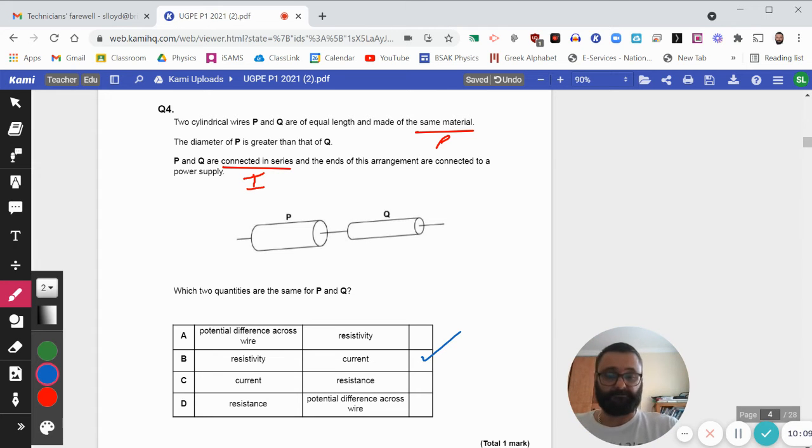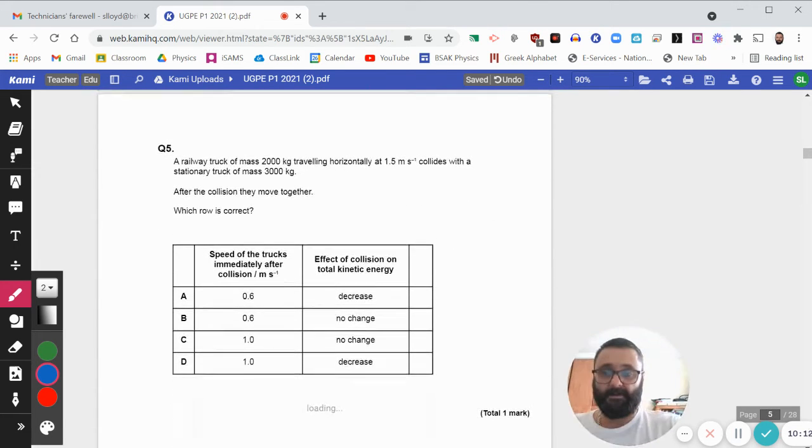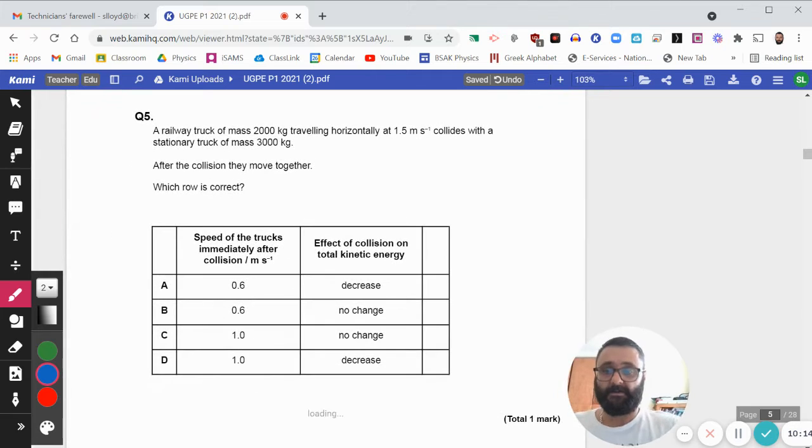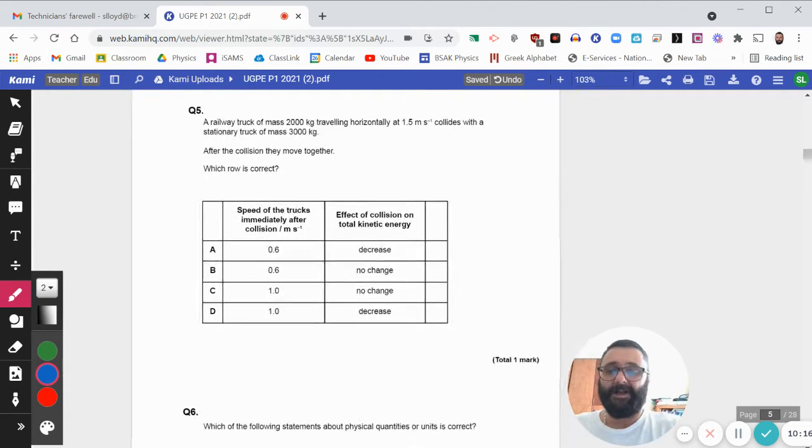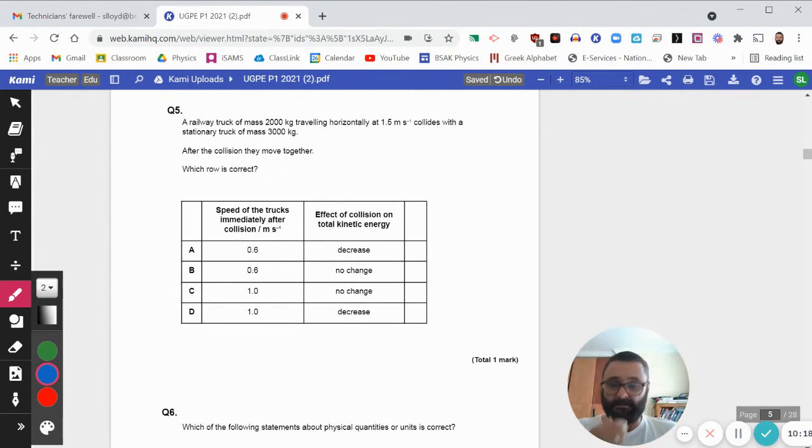Right, question 5. Momentum. Okay, momentum. Good railway truck. Again, just drawing little simple sketches is really important with mechanics, but with collisions, it's absolutely essential, I believe. Right, so what do we got?